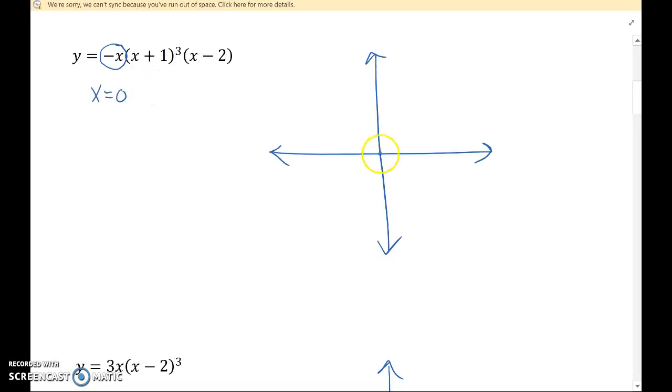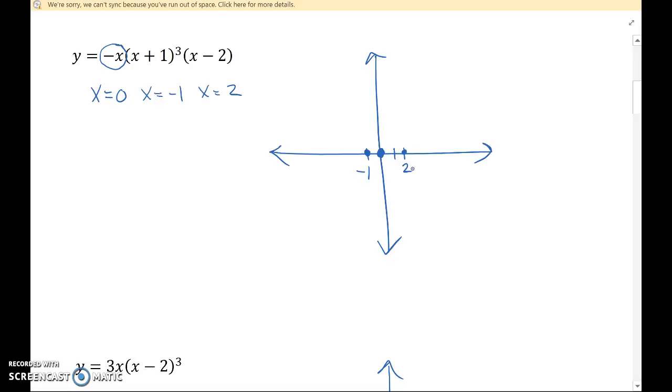Which is nice because when we plot the point at 0, 0, it serves as an x-intercept and y-intercept, which means we won't have to find our y-intercept later. So next, we need to identify our next zeros, which are at -1 and at 2. So at -1, we have an x-intercept or 0, also known as roots.